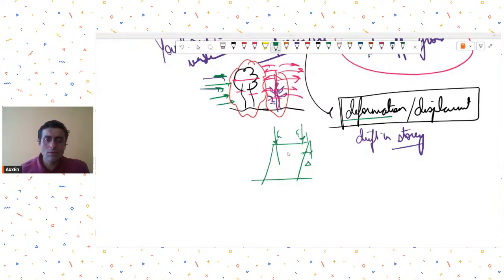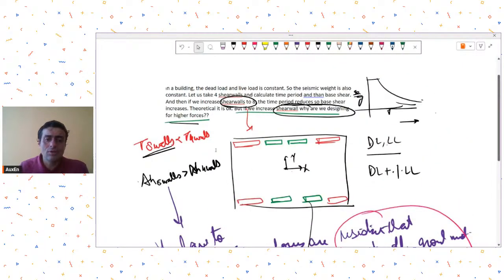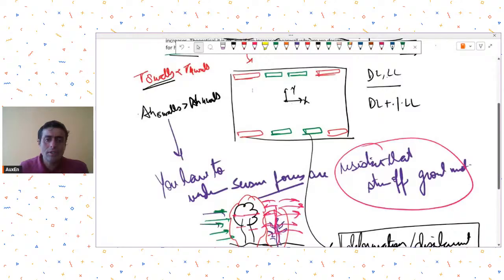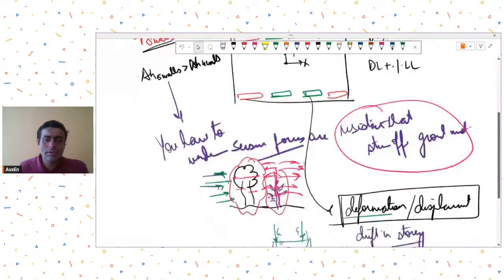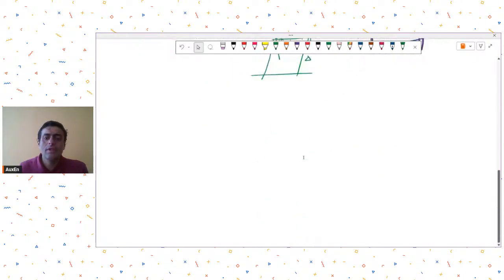So that also you want to control. So basically the short answer is that although we are getting penalized by designing for higher forces, our intention is to make a structure more stiff and thereby be able to control the deformations and displacements also. All right, I hope this answers your query.